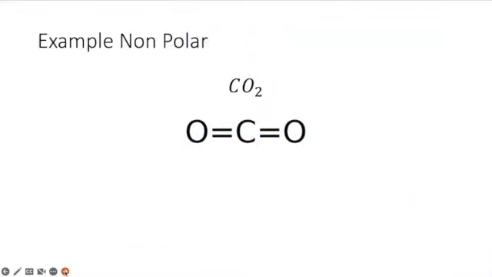Here's an example of a nonpolar molecule. If we were to look at the periodic table and the trend of electronegativity, oxygen would be more electronegative than carbon. And these arrows would be of the exact same intensity because it's basically the exact same CO bond.